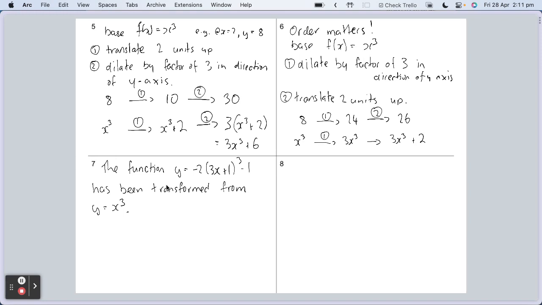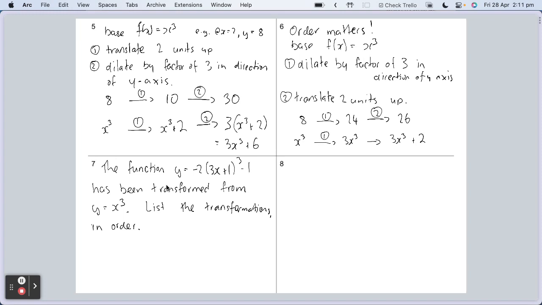The function y equals -2 outside of 3x plus 1 all cubed minus 1 has been transformed from y equals x cubed. List the transformations, easy. In order, that's the challenge. You need to get the order right as well.